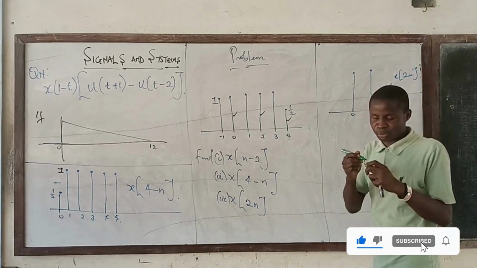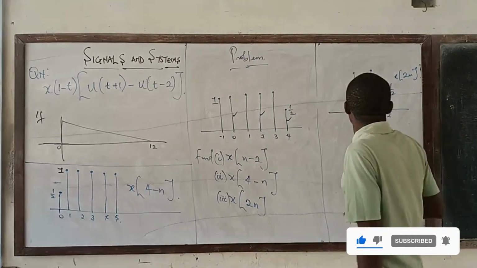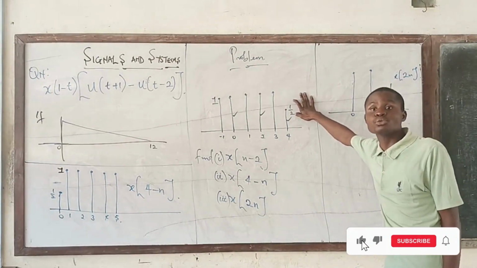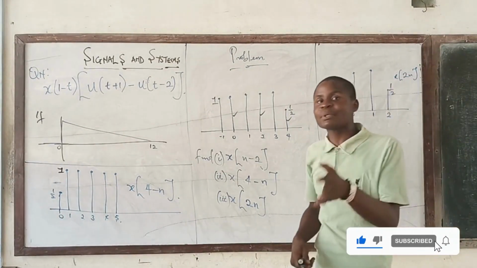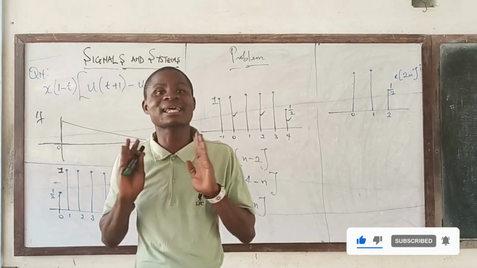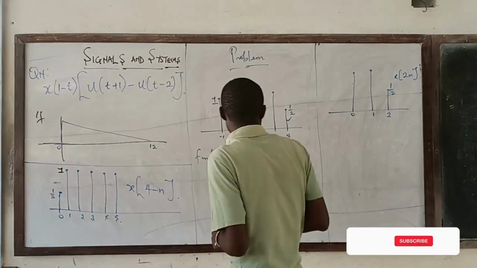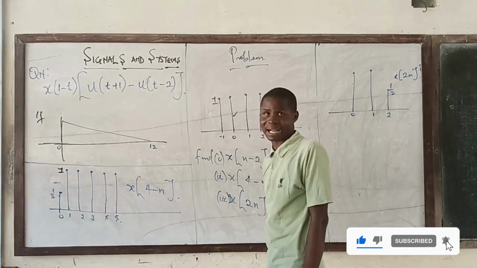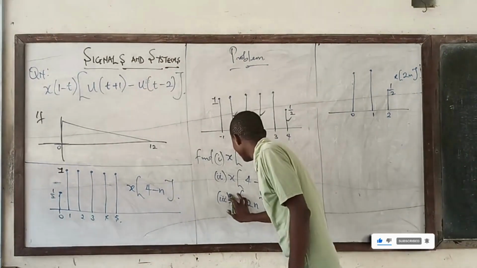Let me quickly help some students here. Some students might be thinking, at this point, I ought to divide the amplitude by 2. There is a difference between amplitude scaling and time scaling. If I want to do amplitude scaling for this, I would add 2 to the back, or I might add 1/2 to the back.